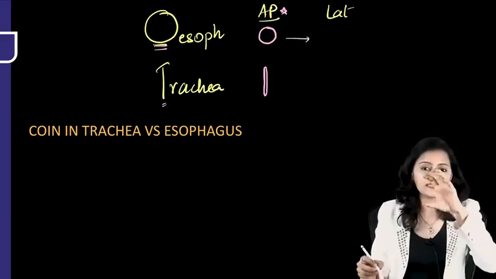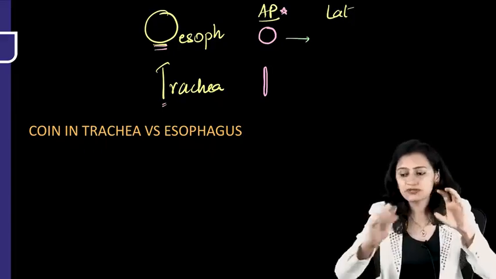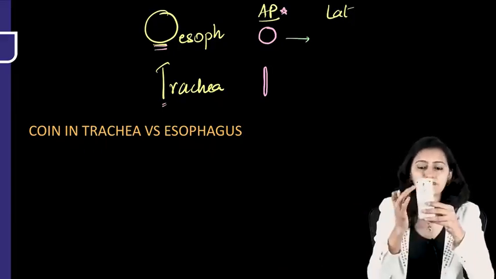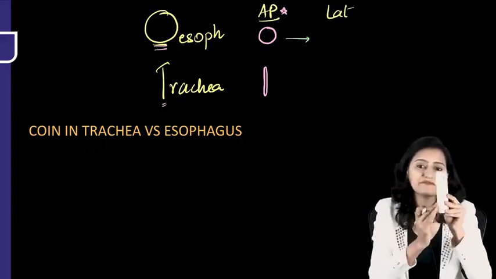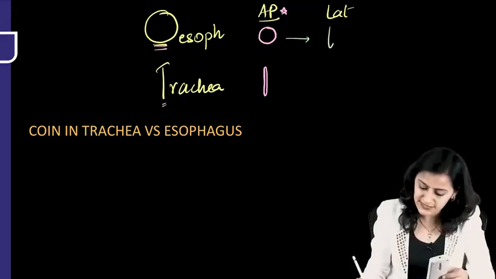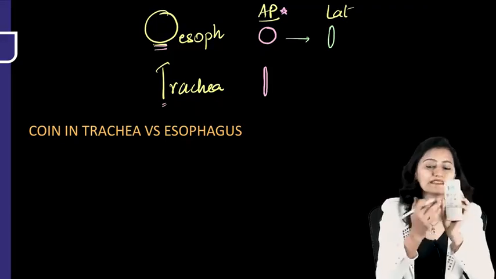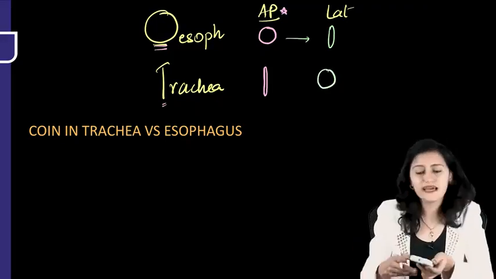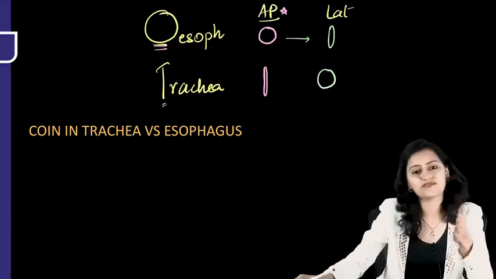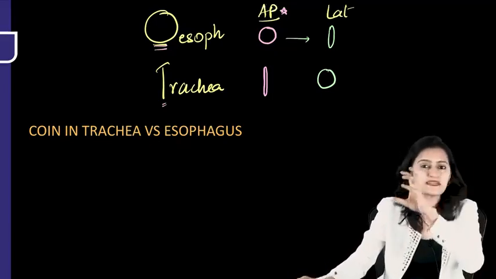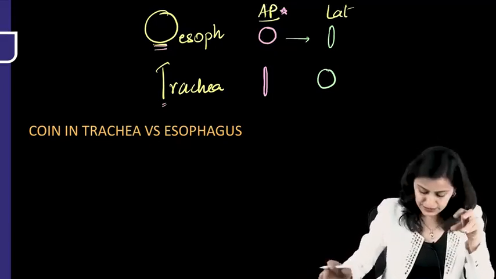If it is a circle on AP, laterally it appears like a slit. If it is a slit on AP, laterally it appears circular. So just remember the AP view; the lateral view will be opposite. Esophagus is a circle, trachea is a slit.